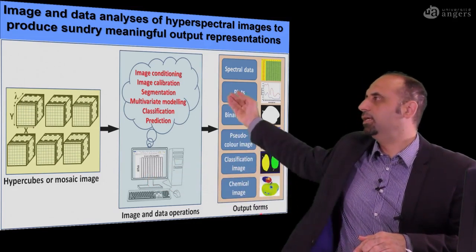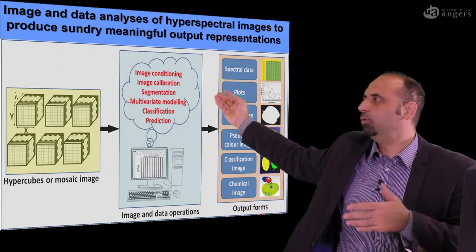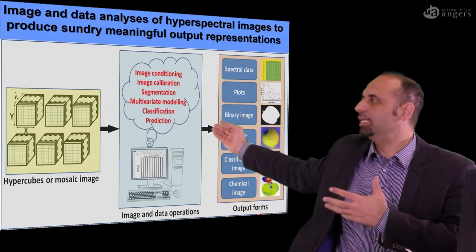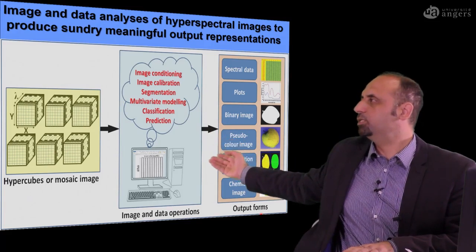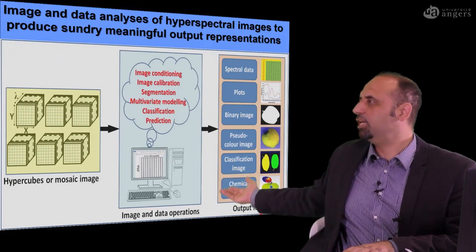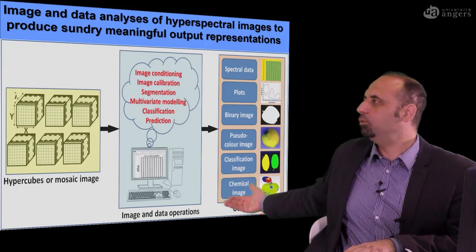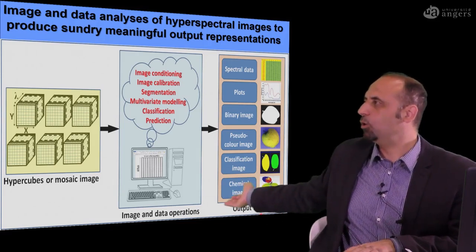Like here, you can put the data in the form of spectral data, like table X and Y, to plot your data, to show the binary image from different products, to see some pseudo color image, to see the classification map or chemical image. As you see here, how to differentiate between spot to spot in the same object.